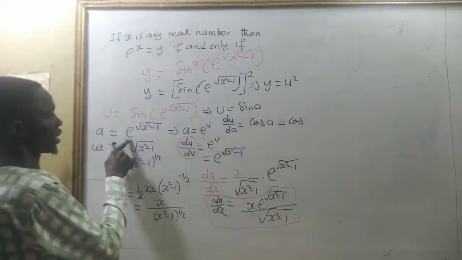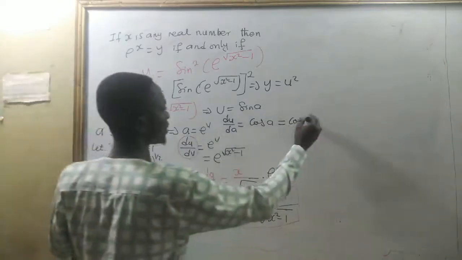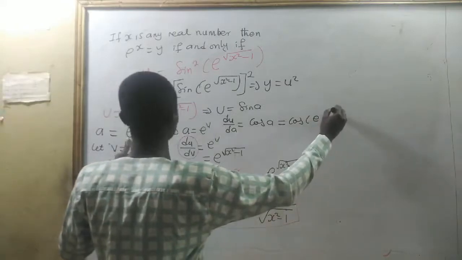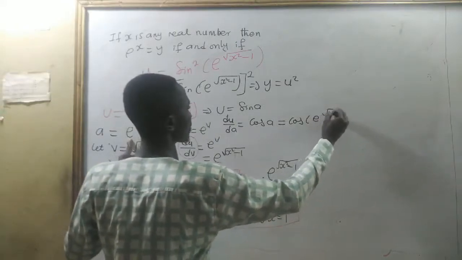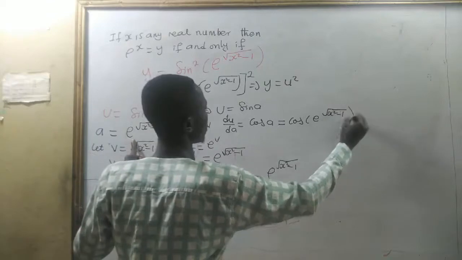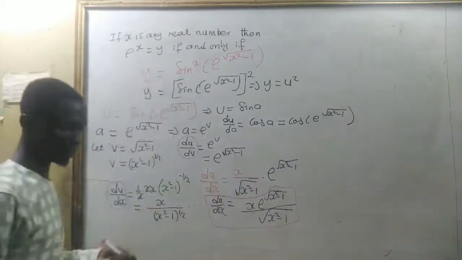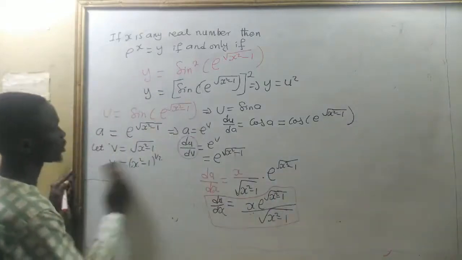A is this one. So we take cosine of e to the power square root of x squared minus 1. Now I think I can clean this portion.